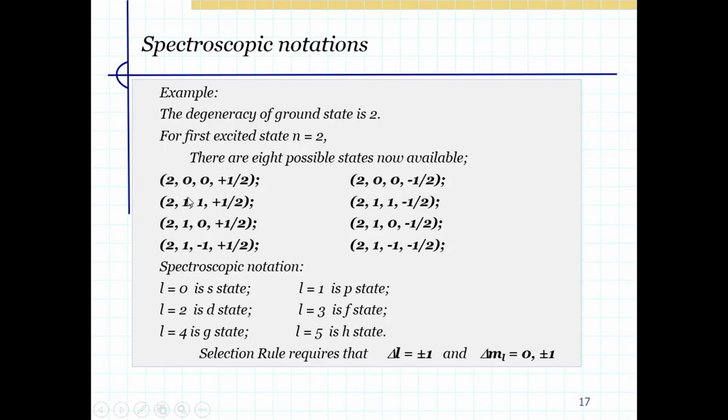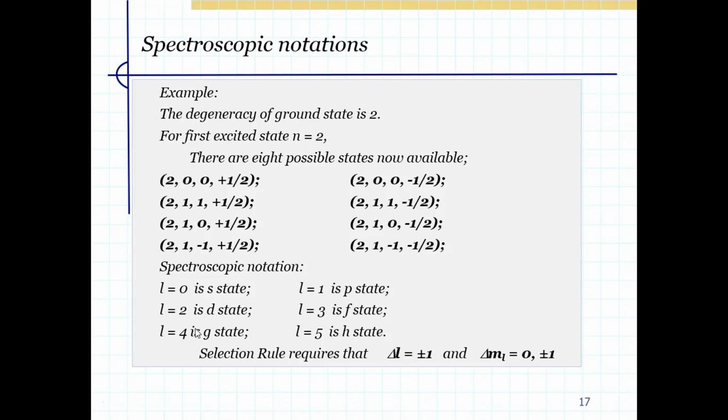l equal to 0 value, then l equal to 1 has these other possibilities, and we see that l equal to 1 has 3 possibilities, and 3 other possibilities with the variation of minus half and plus half.